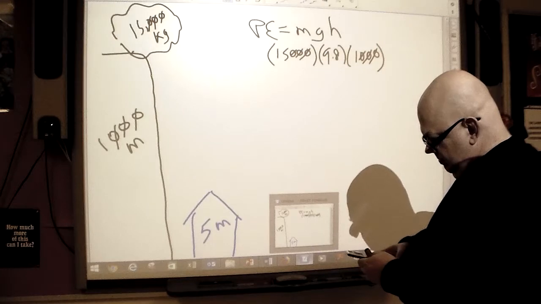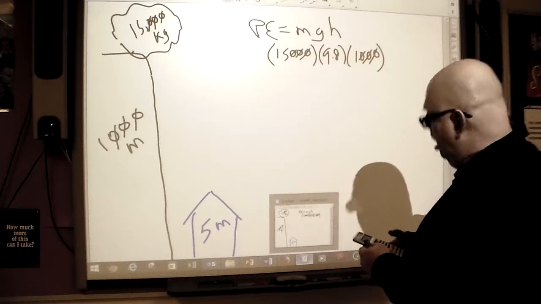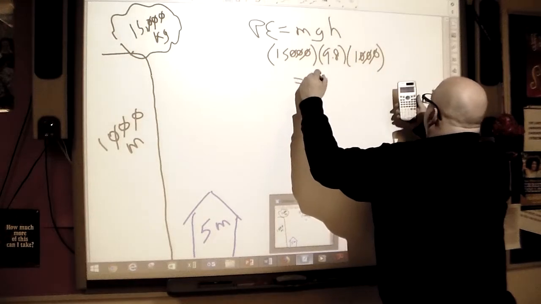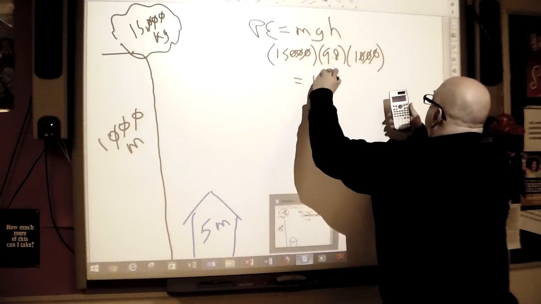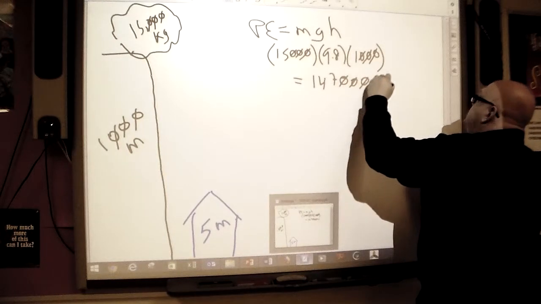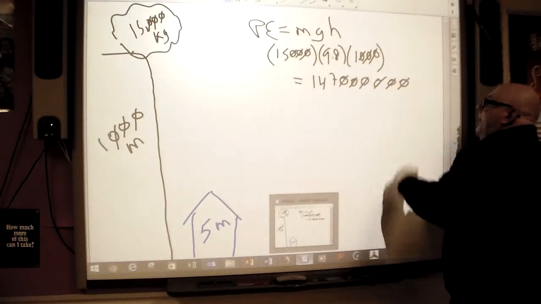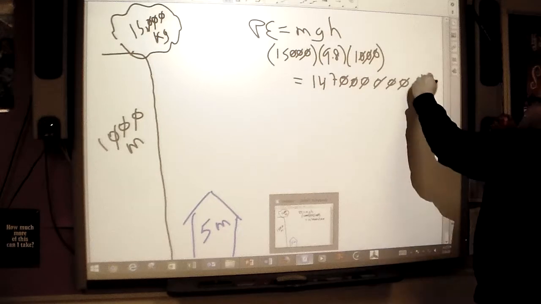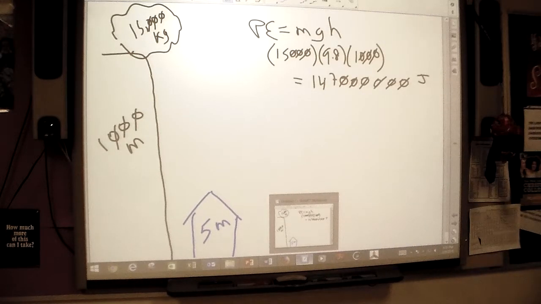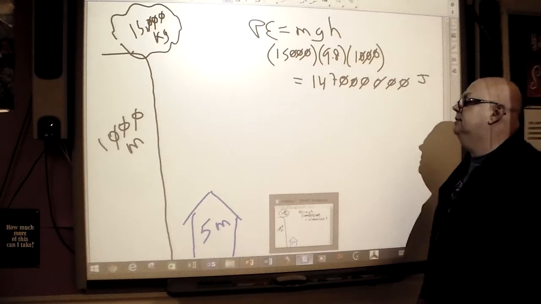And we walk away with this huge number, 147 followed by 6 zeros. That's how many joules this rock has. That is the potential energy at 1,000 meters.